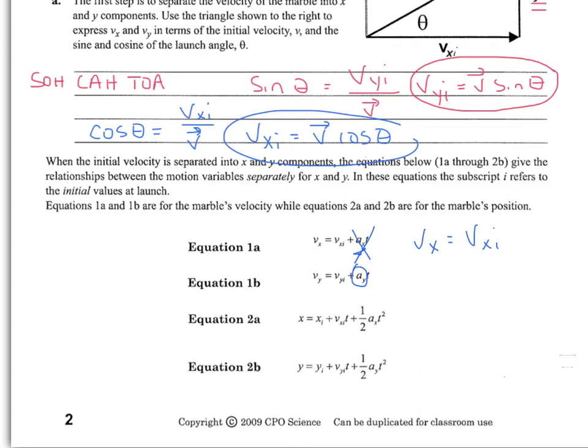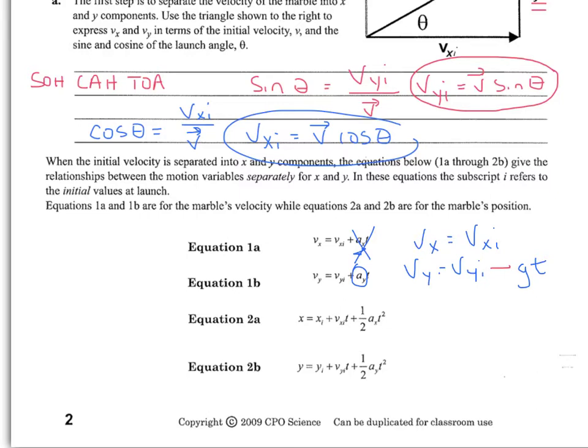So I'm going to rewrite this as Vy equals Vyi minus g times t, because gravity is acting in a downward direction, and when it's going down, it is negative. So there is a negative sign right there.